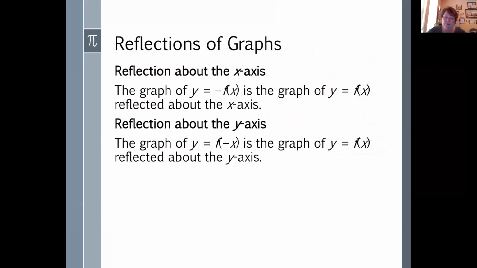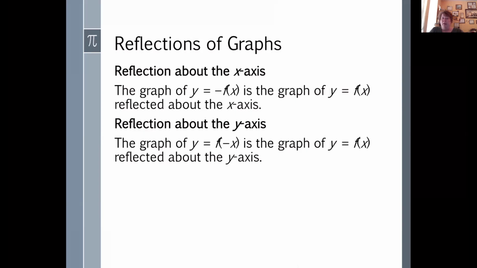So the reflections of graphs are defined here. The graph of y equals negative f of x is the graph of y equals f of x reflected about the x-axis. The reflection about the y-axis, the graph of y equals f of negative x, is the graph of y equals f of x reflected about the y-axis. So do you see the difference in the two?